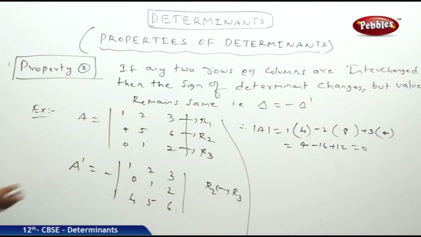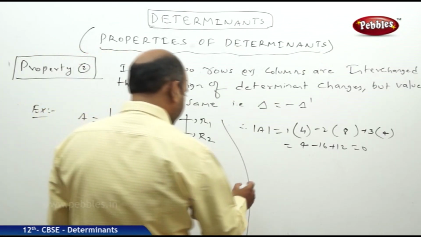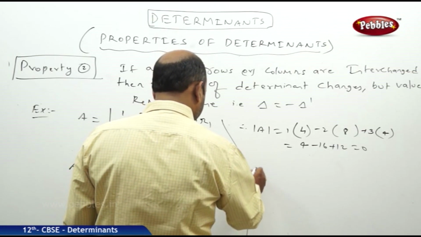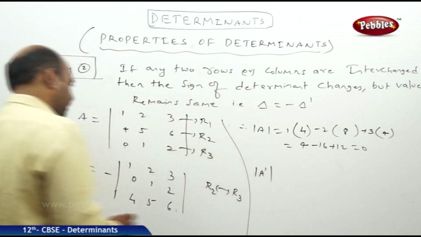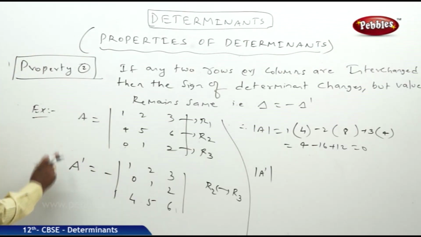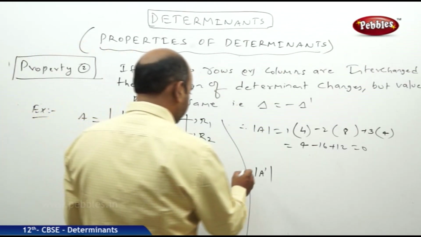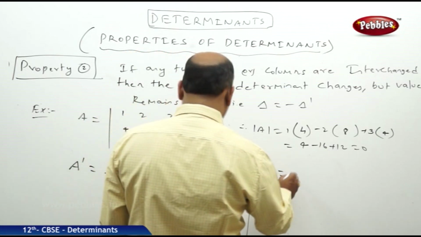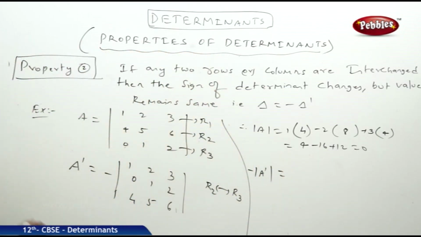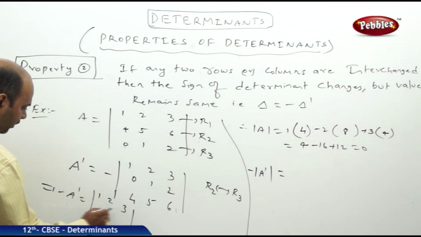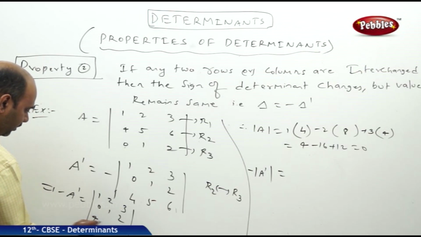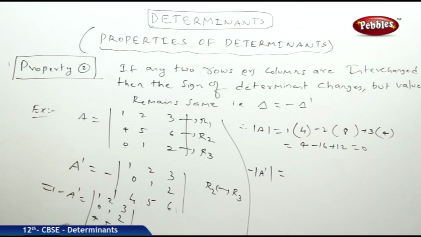Right? Now we shall check whether we will get the same thing or not. So determinant of A dash, and here I will be taking the minus symbol to this side. So here I will be writing another step because minus A dash I will be taking here. So there remains 1, 2, 3, 0, 1, 2, 4, 5, 6. We shall check.